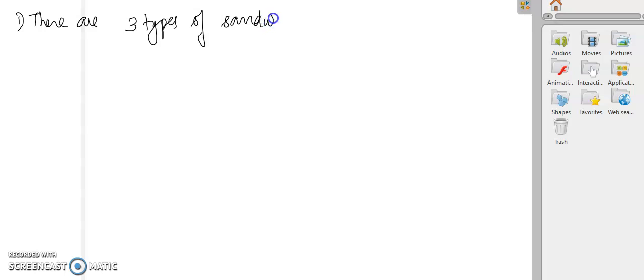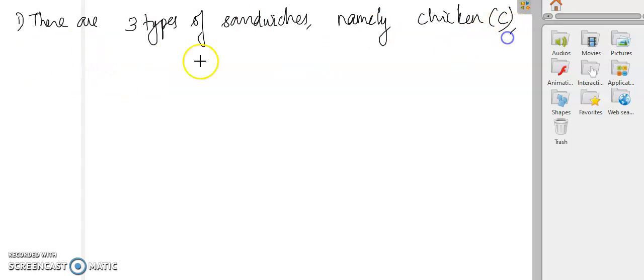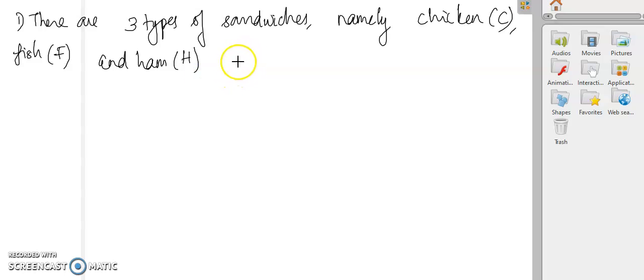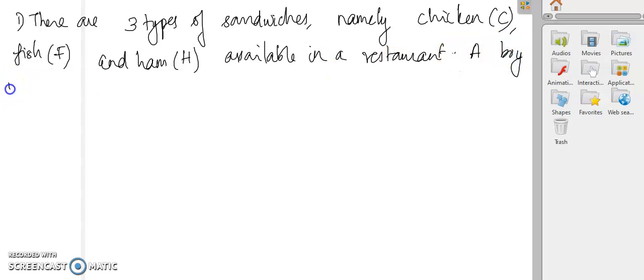So the question is, there are three types of sandwiches, namely chicken, denoted by C, fish, F, and ham, denoted by H, available in a restaurant. A boy wishes to place an order of 6 sandwiches.